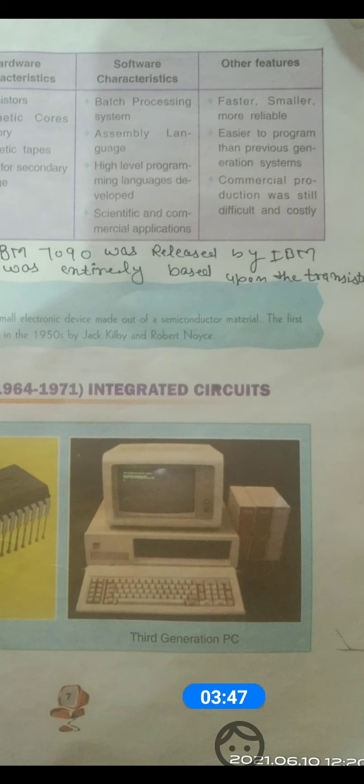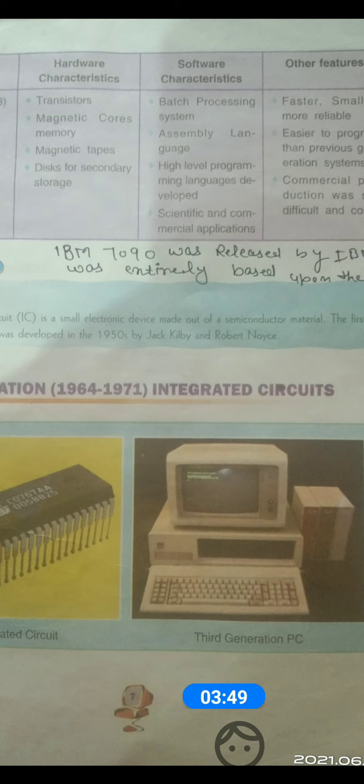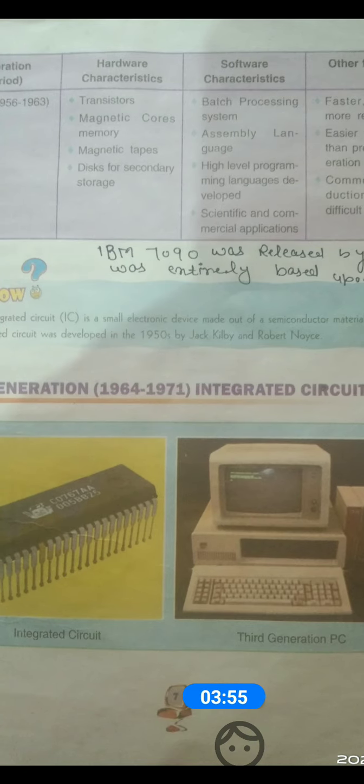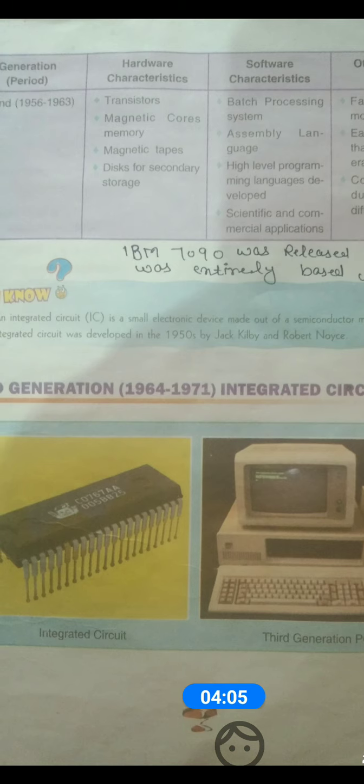And now the third generation, whose period is 1964 to 71. In the years 1964 to 1971, this period is known as the third generation of computers. In this generation, integrated circuits were introduced.